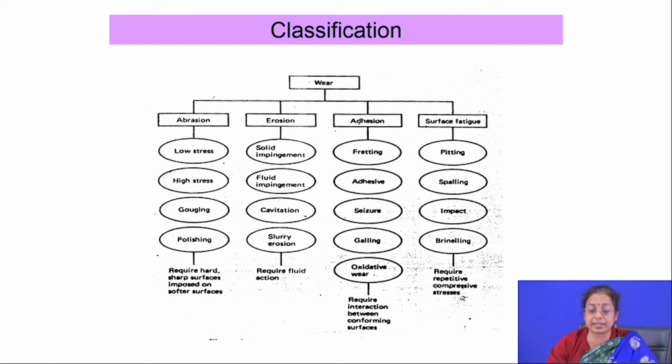If you talk about adhesive wear, in fretting wear you will find on the surface a small pit formation as well as fold formation. In simple adhesive wear, you will find there are always points of adhesive joint formation, and the pits are there in a discontinuous fashion.